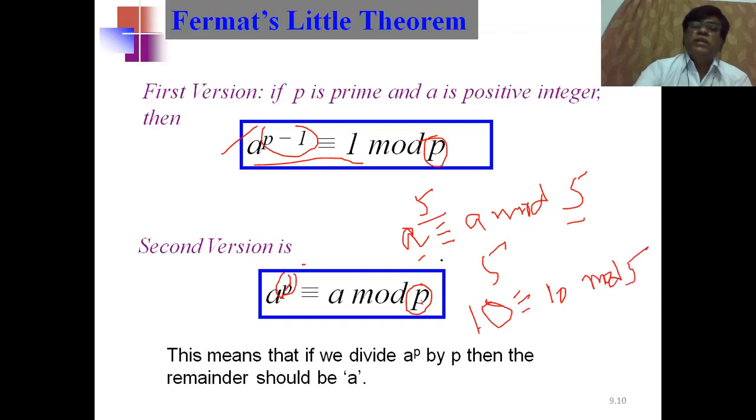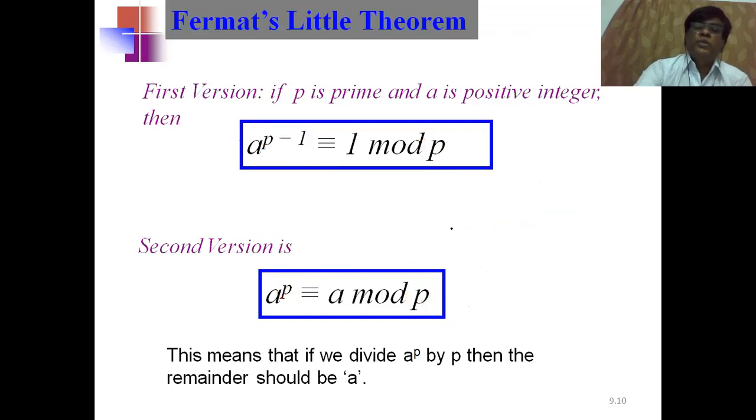Otherwise, if you take a small value, another example, suppose P is 3 and A is 2. So 2 cube is congruent to 2 mod 3.